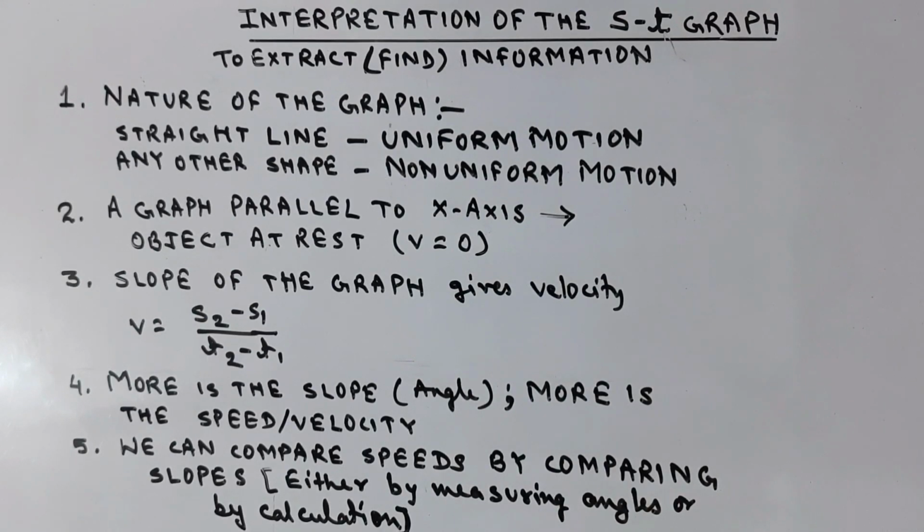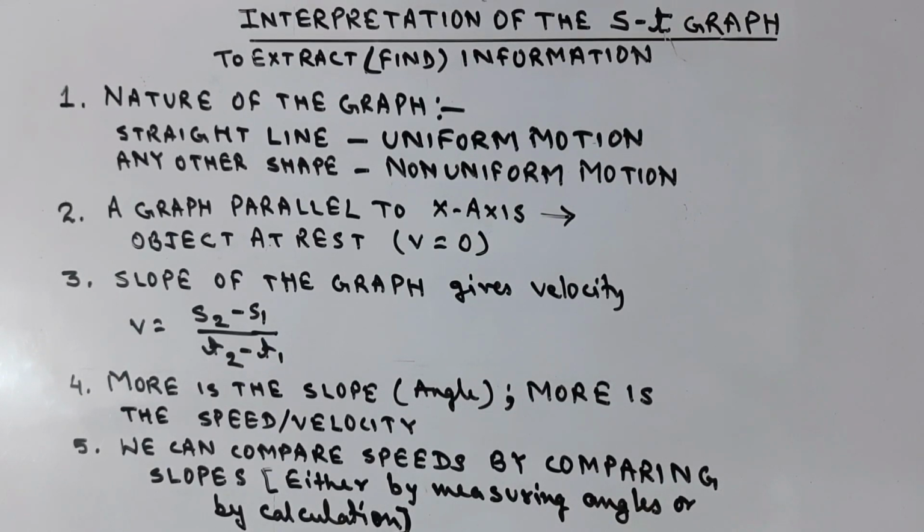Number one, the nature of the graph tells us about the nature of the motion. If the graph is a straight line making some angle with the x-axis, it shows a uniform motion. Otherwise, if the graph has any other shape, it is a non-uniform motion.